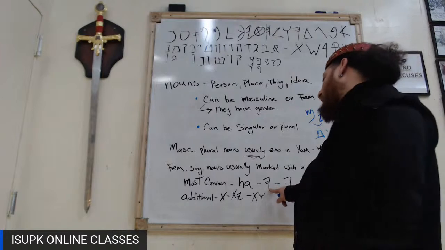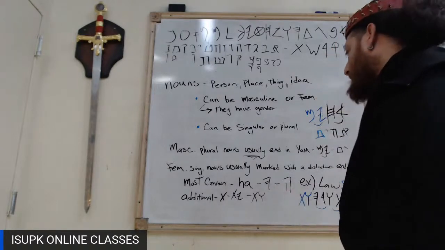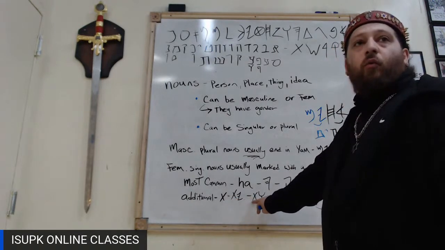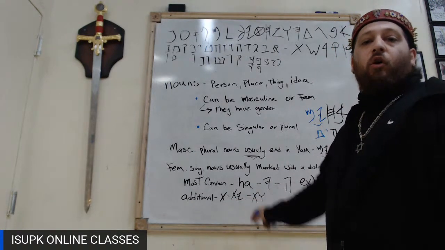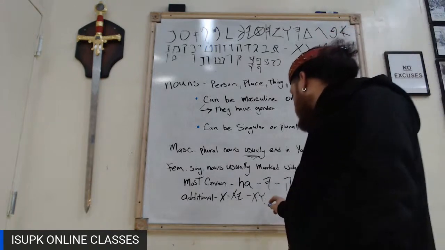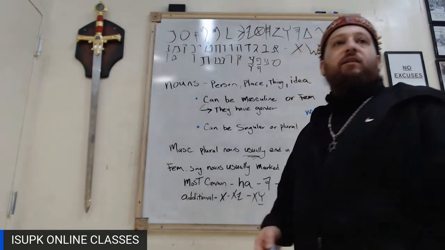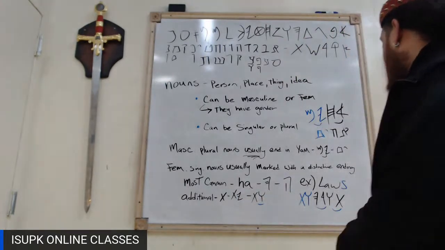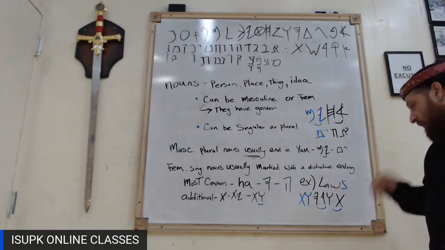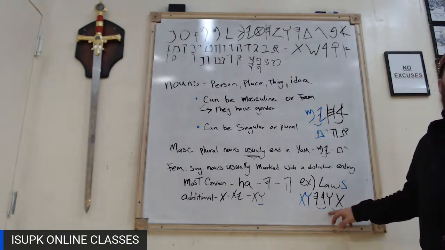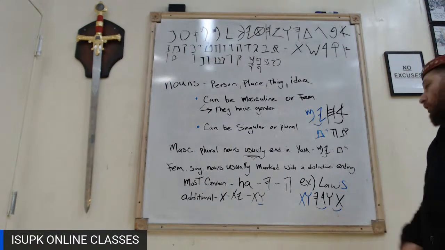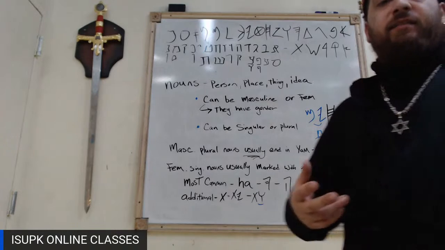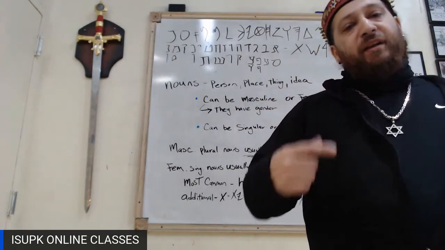So, hey usually, could also be tav, yod, or vav. All of these are possible to signify that the word we're using is feminine. So, for example, we have torah, law. You see the hey at the end?